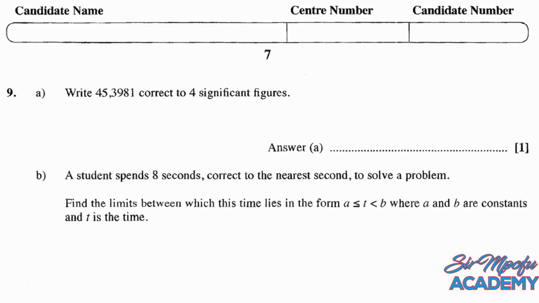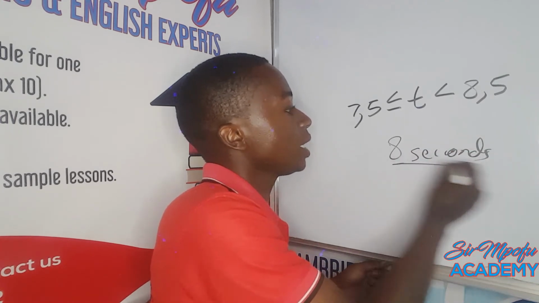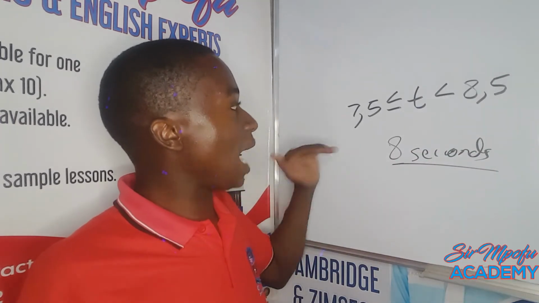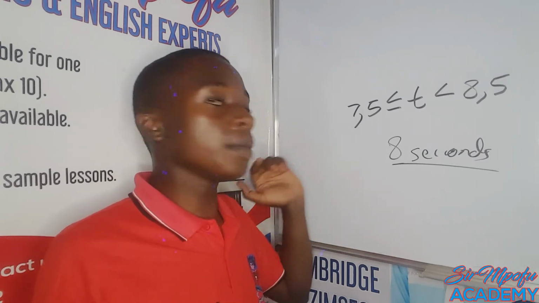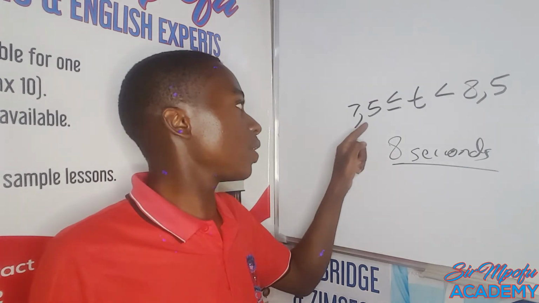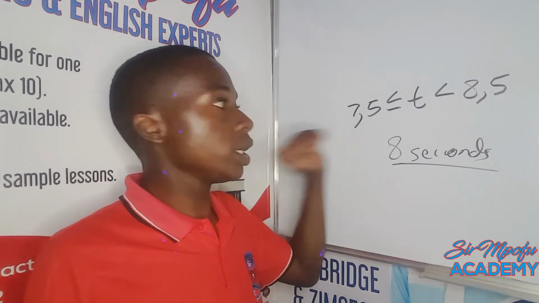This is very simple and straightforward. Remember, correct to the nearest second, a student spends 8 seconds, right? So if the student is spending 8 seconds, the biggest number that we can round off and it will give us 8, that's 7,5. That's why there is this, because it's also included.